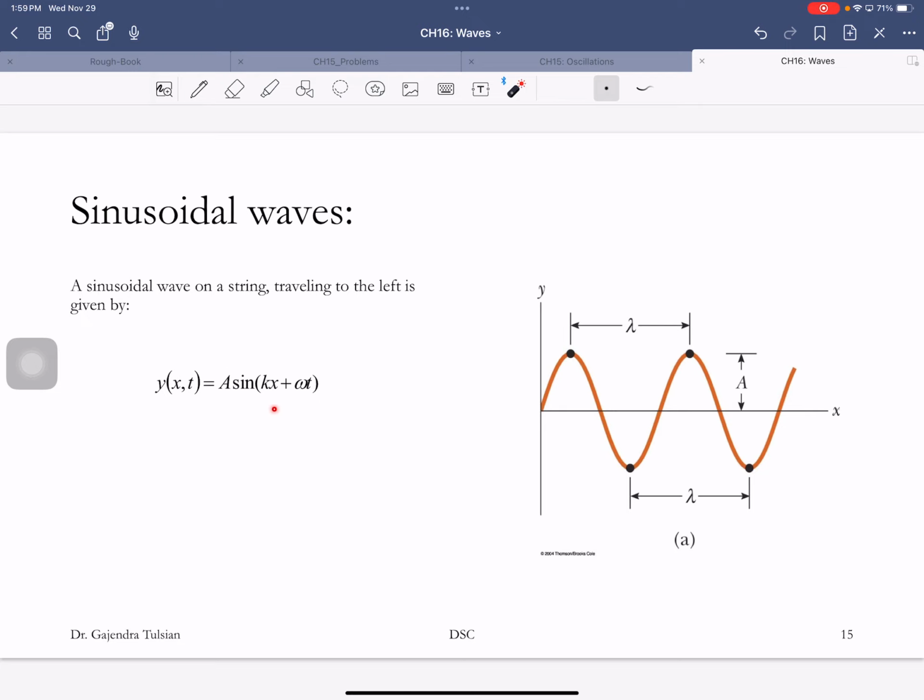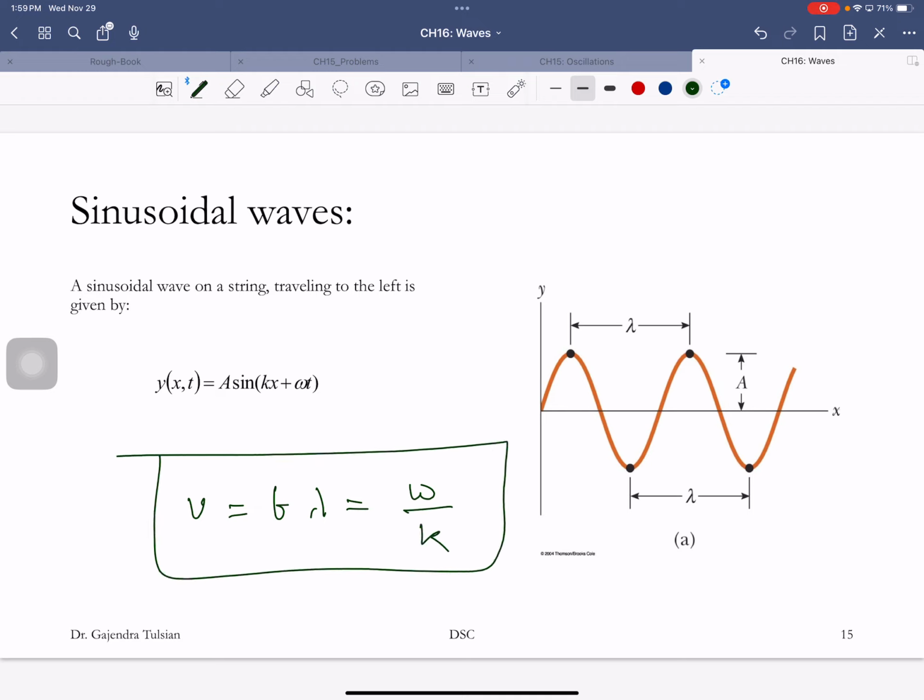This is a sine wave traveling to the left. This is the wave number, and this is the angular frequency. The velocity of the wave, as you just saw a minute ago, is that, and in terms of the angular frequency it's also given by that.